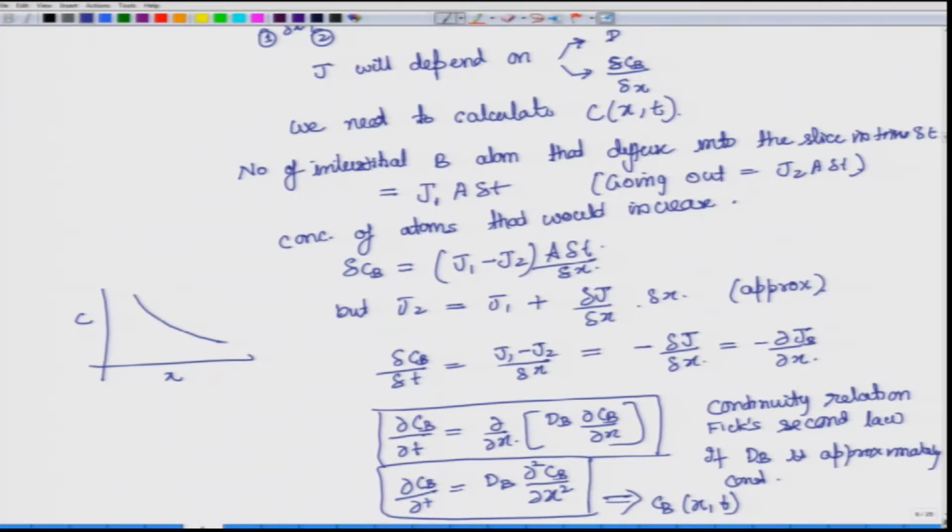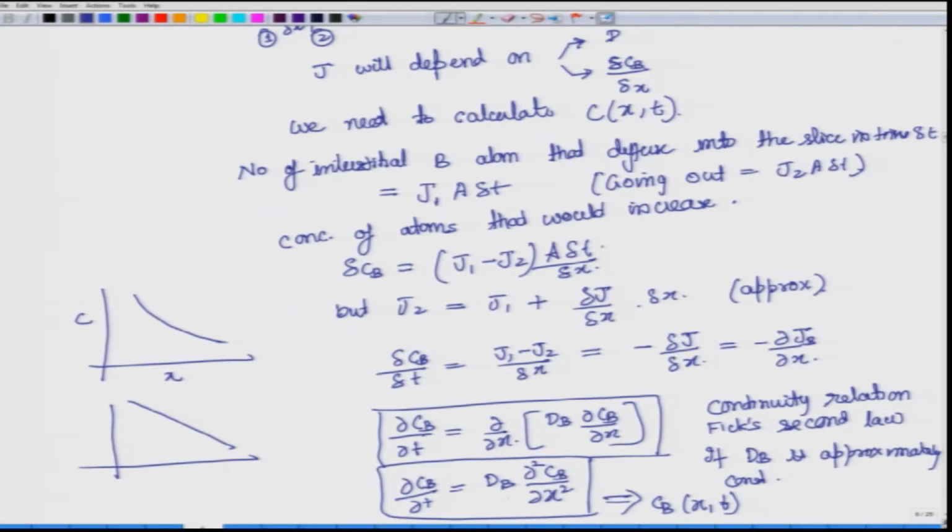So, the only thing that we have talked about here is the change in concentration. Now, if you put this as a straight line, what will happen? Del 2 CB by del x, what will this become? This quantity will become 0, del CB by del x will become constant, and del 2 CB by del x square will become 0, and therefore, you will see that del CB by del t comes out to be 0.